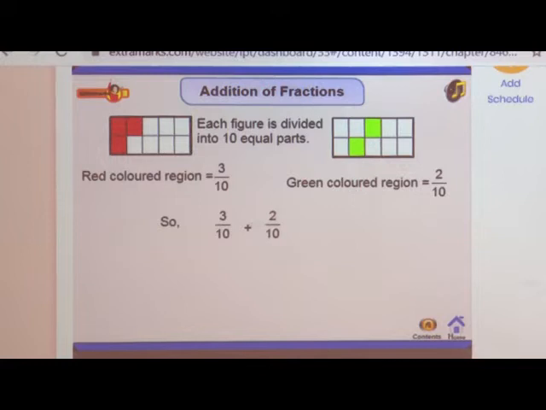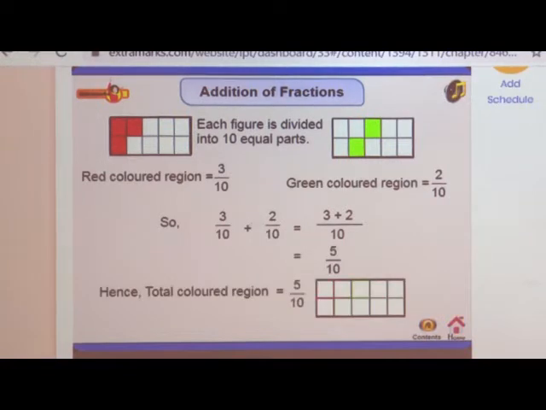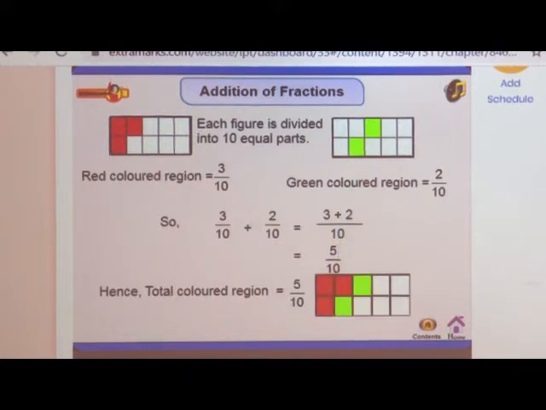Since they are like fractions, so we will add the numerators, that is 3 plus 2, and write 10 in the denominator as it is. This is equal to 5 by 10. Hence, the total colored region is 5 by 10.